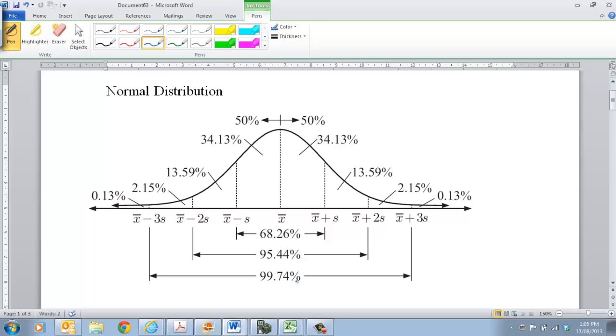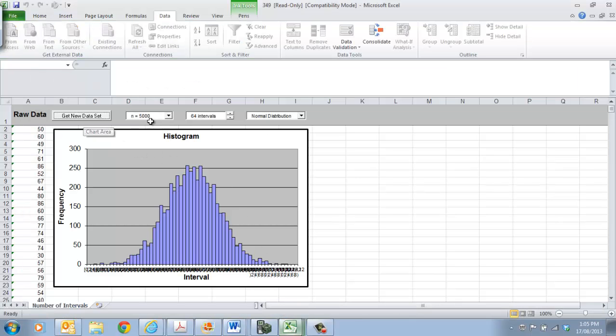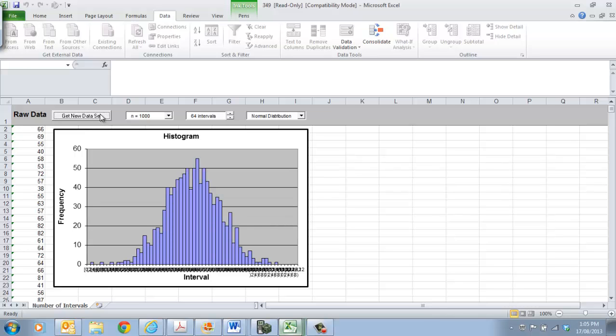Now, in terms of a normal distribution, any data, if you've got a sample which is large enough, will actually be a normal distribution. So if we start looking at an example which I've got set up for you, we've got a histogram here. If I start with a smaller sample of 1,000, you can see the sample that I'm getting varies quite a lot, but it shows that same sort of bell-shaped curve.